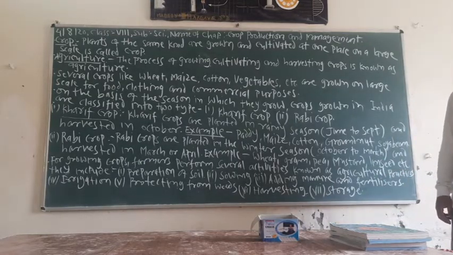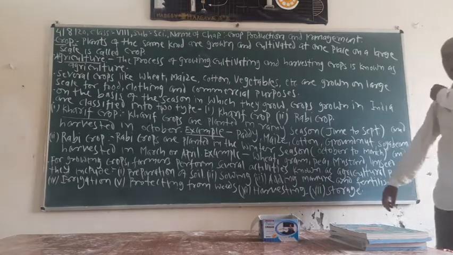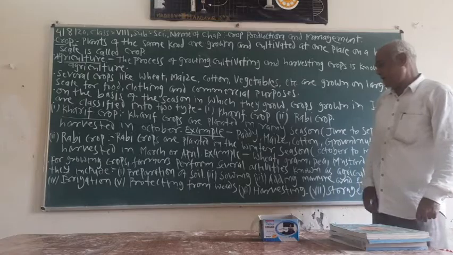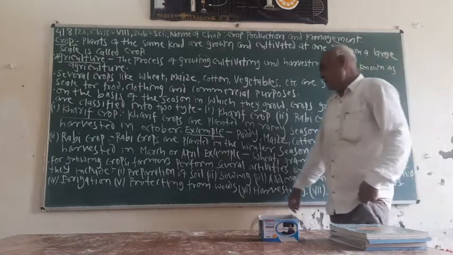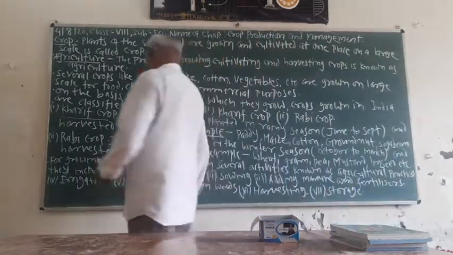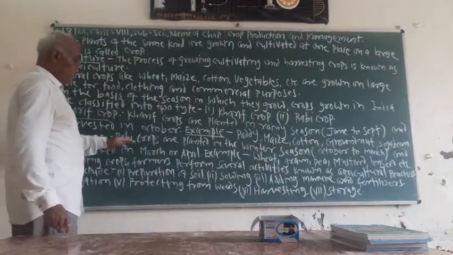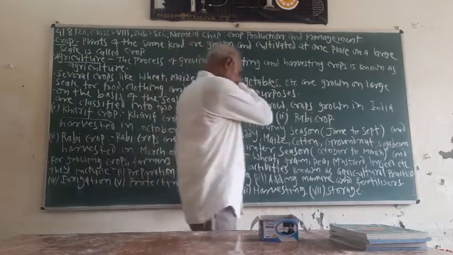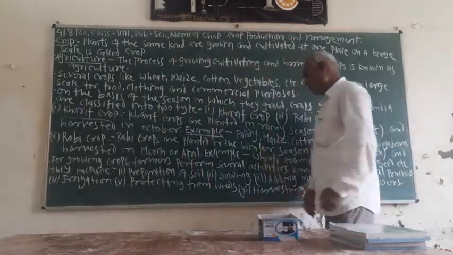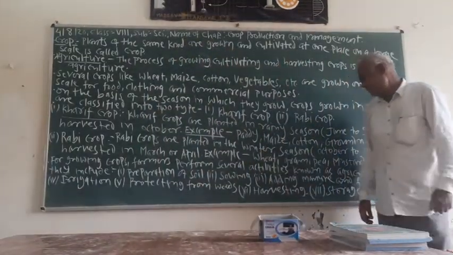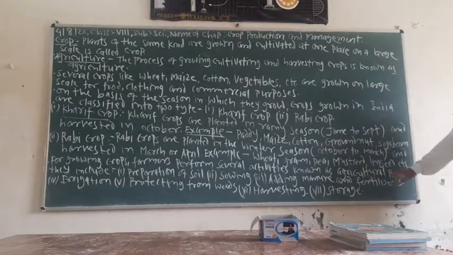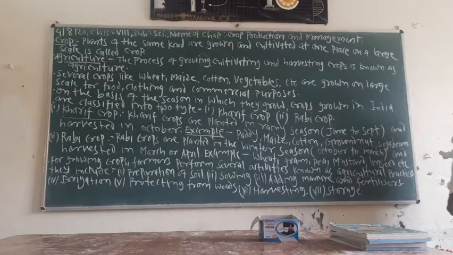The farmers of Amreli, Junagadh and Anand districts plant wheat, gram, pea, mustard, linseed, etc. in the winter season.